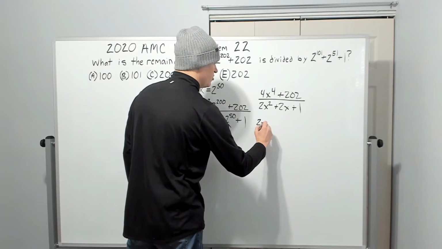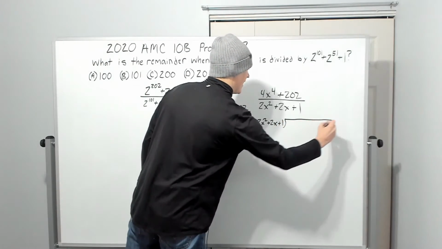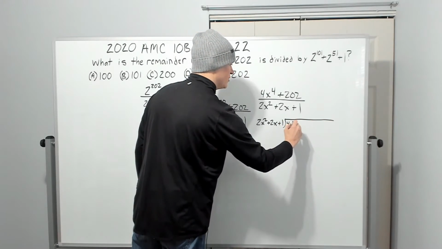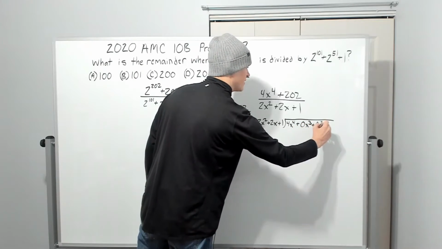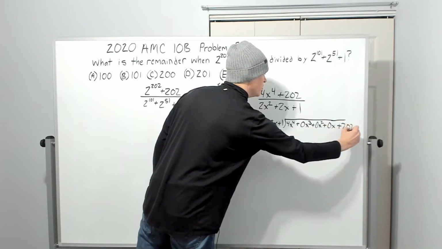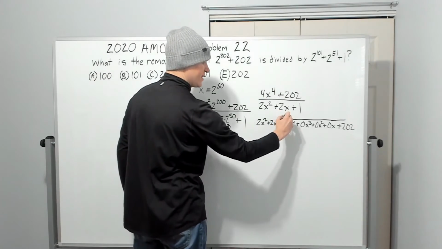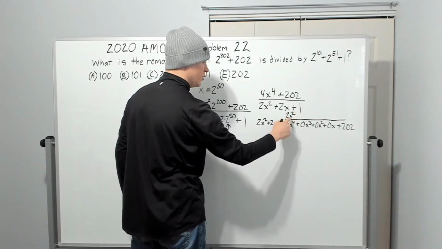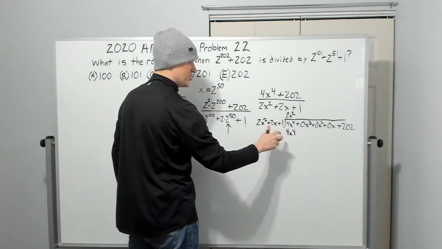So it would be 2x squared plus 2x plus 1. And I like to put 0 placeholders in. So plus 0x cubed plus 0x squared plus 0x plus 202. Okay, so it's 2x squared times what equals this? That's 2x squared. You will multiply out to get 4x to the fourth. You're back distributing.